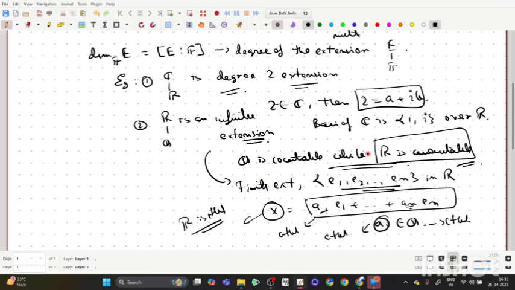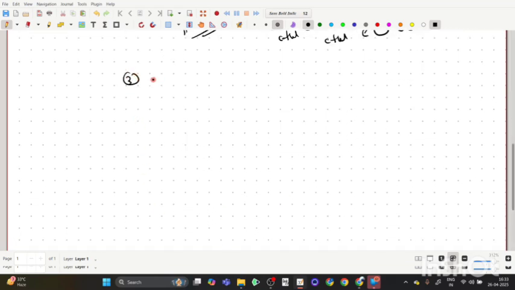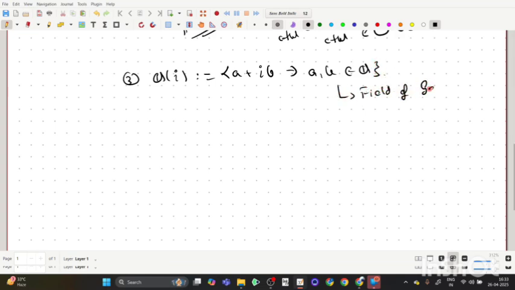Now there is also a very interesting field which we call the field of Gaussian numbers. This is defined as the collection of elements of the form a plus ib such that a and b come from Q. This is called the field of Gaussian numbers.